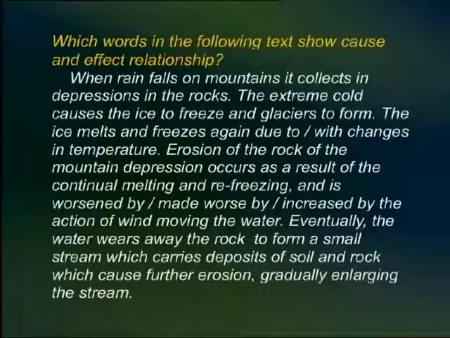When rain falls on mountains, it collects in depressions in the rocks. The extreme cold causes the ice to freeze and glaciers to form. The ice melts and freezes again due to changes in the temperature.